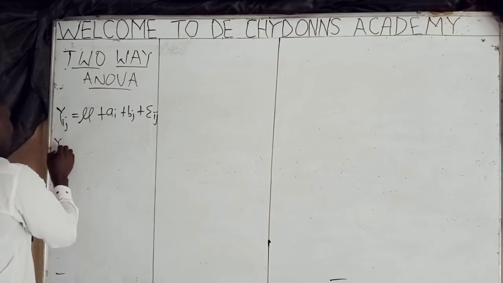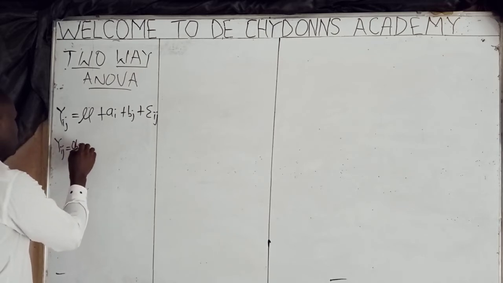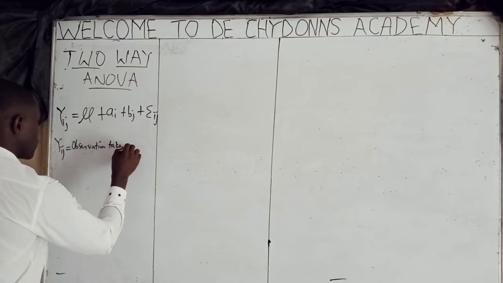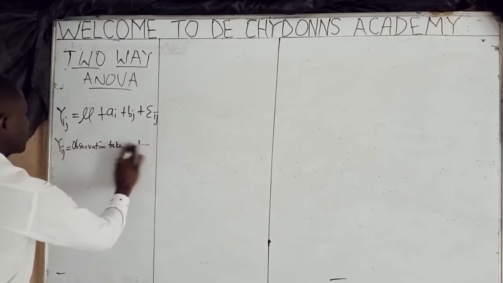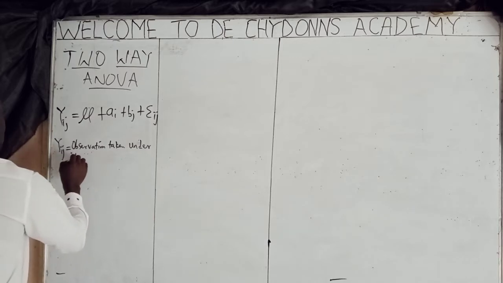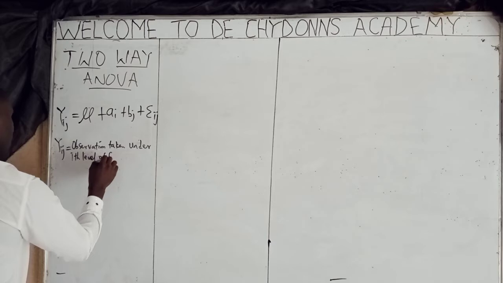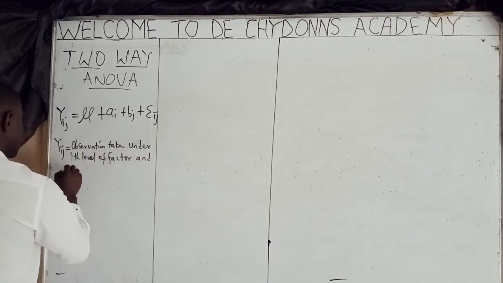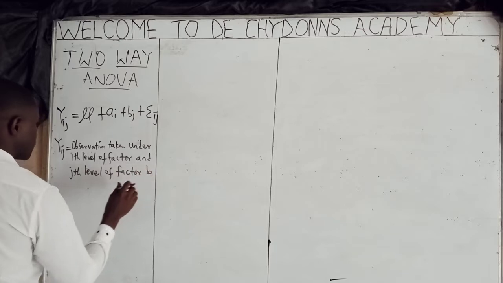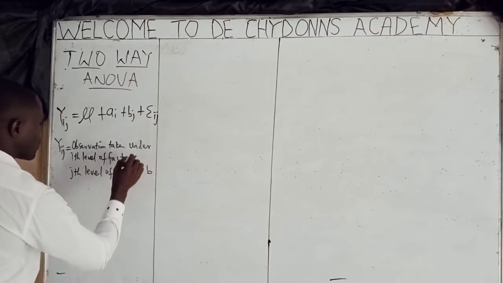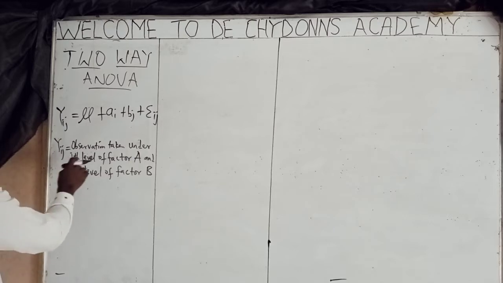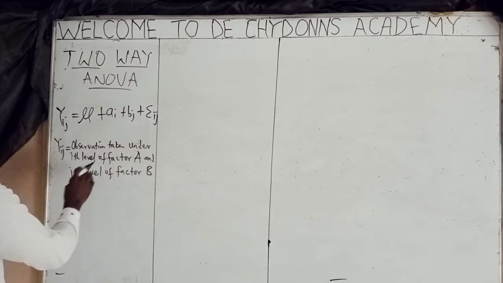Now, this Yij simply means the observation taken under the ith level of factor A and the jth level of factor B. So this Yij means observation taken under the ith level of factor A and the jth level of factor B.